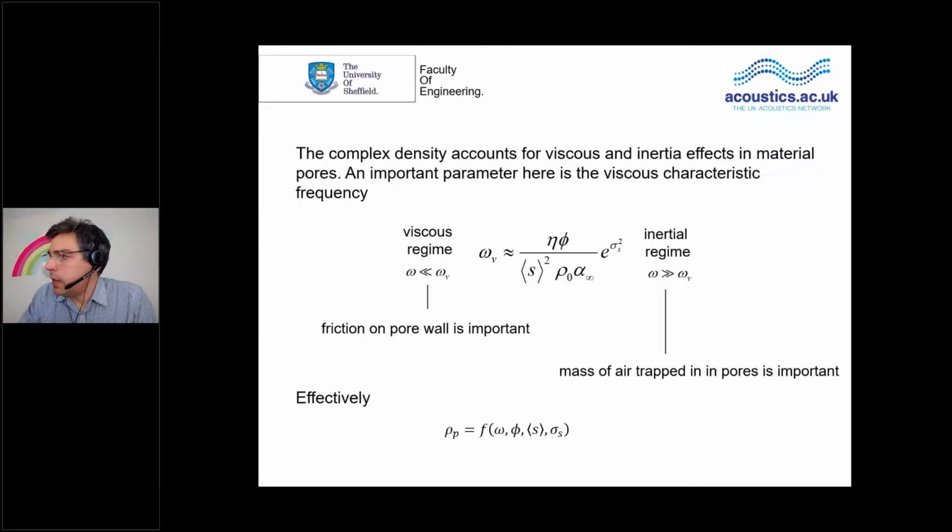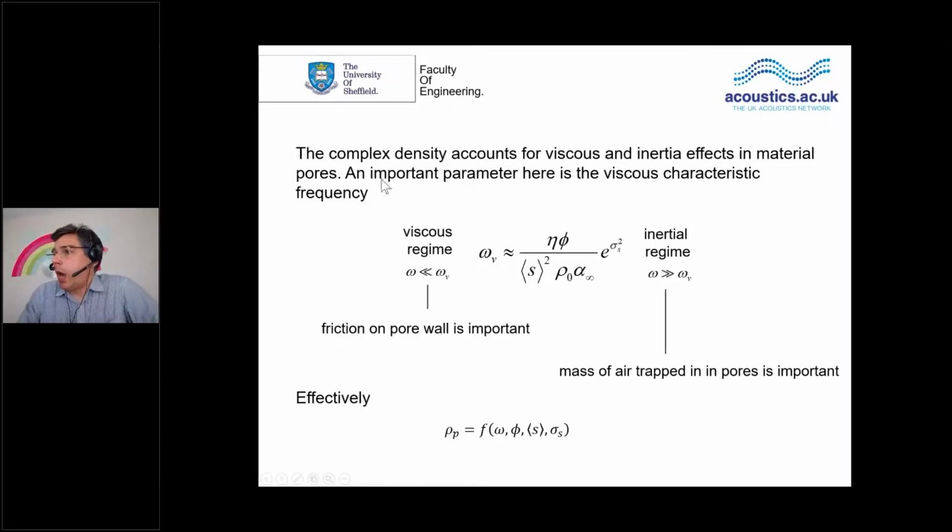We can define two frequencies to understand better how these materials work. We can define the so-called Biot frequency, or viscous characteristic frequency, which is normally associated with a complex density, which accounts for viscous and inertial effects in the material pores.